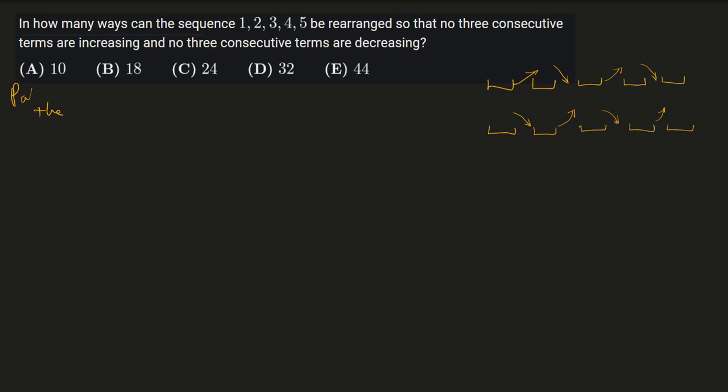So now let's put this down. This is the pattern that we've found: the increasing and decreasing signs have to alternate. And by symmetry, we know that the number of ways that we can rearrange the 5 numbers in these 2 patterns shall be equal.